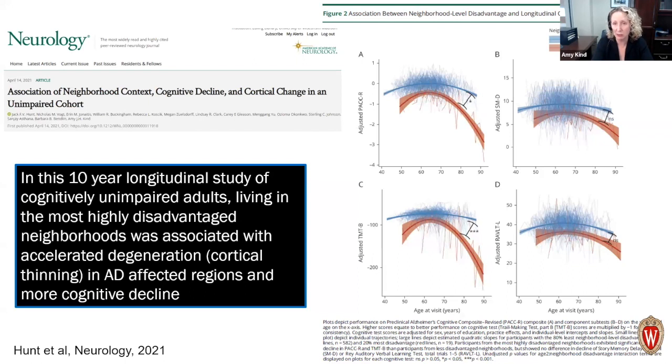So the cortex of the brain thinned more quickly in these counterparts, comparing where they came into the cohort to where they were at present. And this was associated with more subtle cognitive declines.